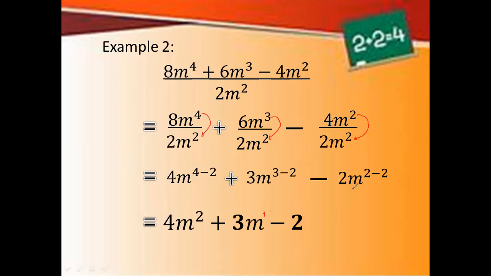Now take note here. Any number or variable raised to a power of 0 equals 1. Okay, so we learned that one in exponents, that any number raised to the power of 0 is always equal to 1. Even if that is very big, as long as it is raised to a power of 0, then it is equivalent to 1.